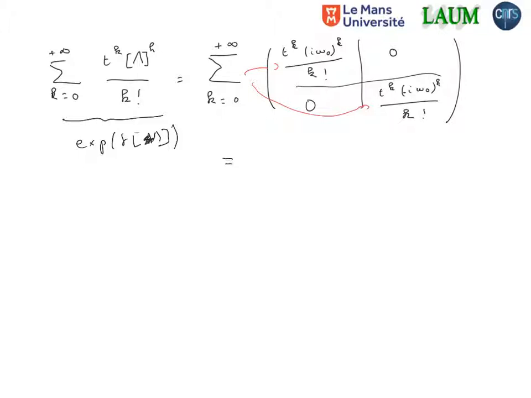And this is in fact e to the i omega 0 t, 0, 0, e to the minus i omega 0 t.